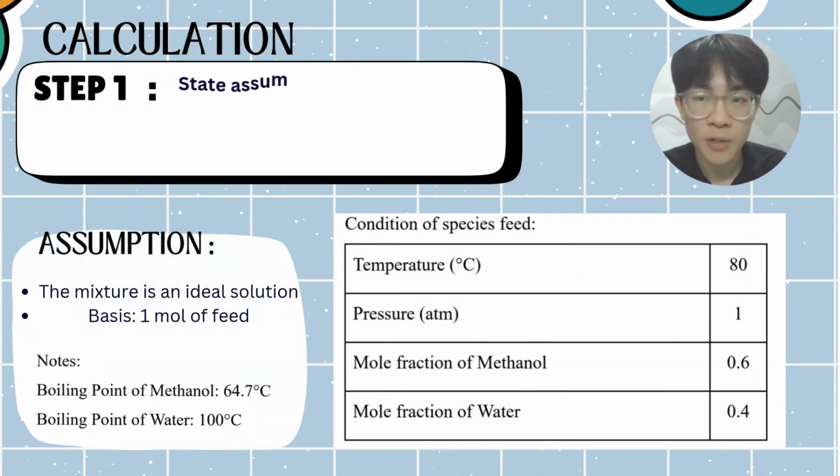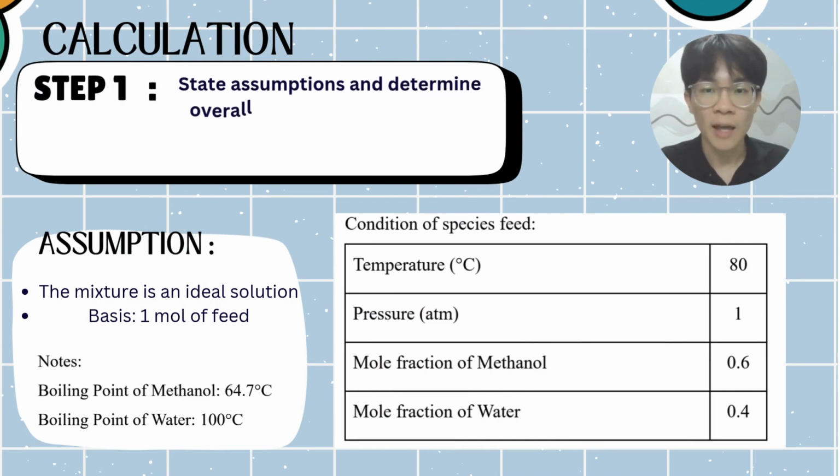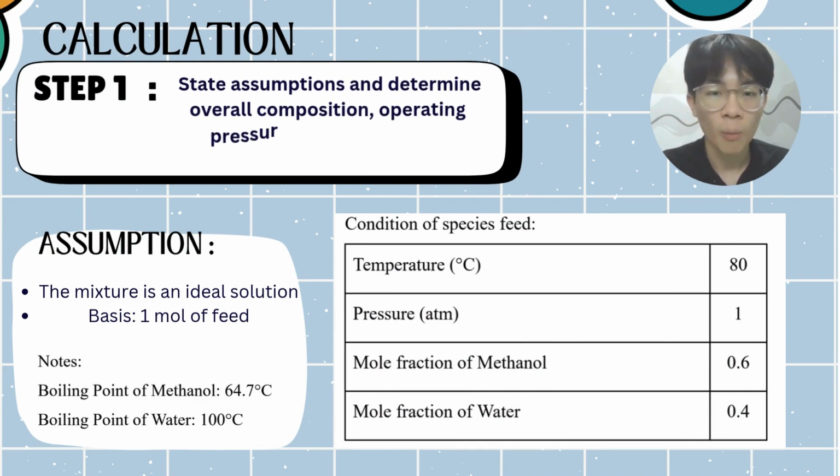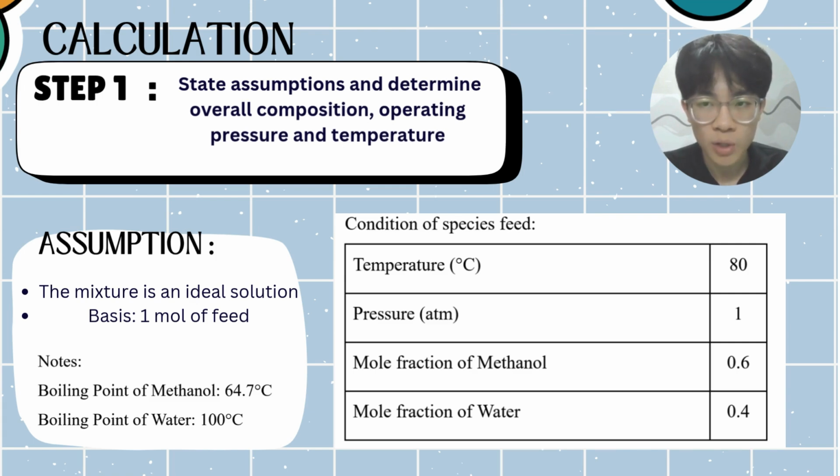The first step of calculation is to state assumptions and determine overall composition, operating pressure and temperature. For assumptions, we assume that our mixture is an ideal solution and our basis is equal to 1 mole of feed. For the specific conditions, we let our operating temperature equal 80 degrees Celsius. To be noted, the boiling points of methanol and water are 64.7 degrees Celsius and 100 degrees Celsius.